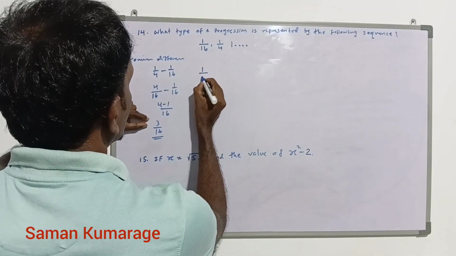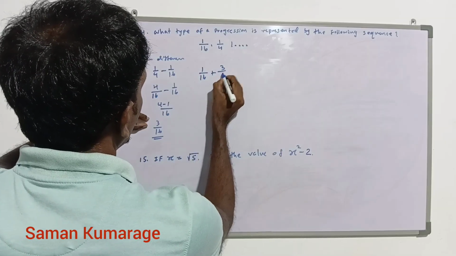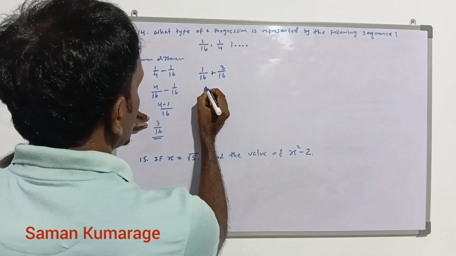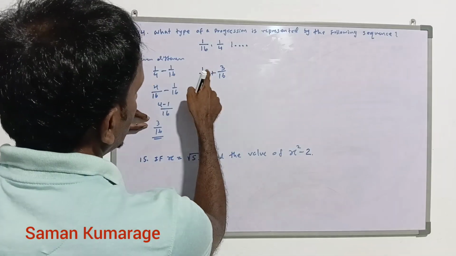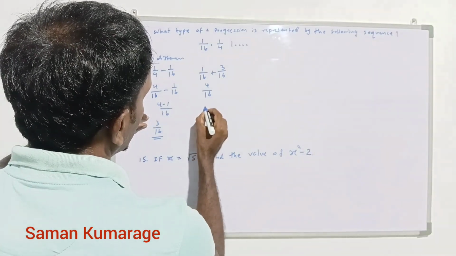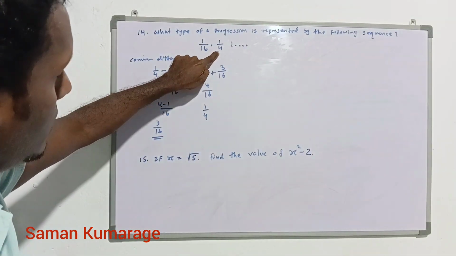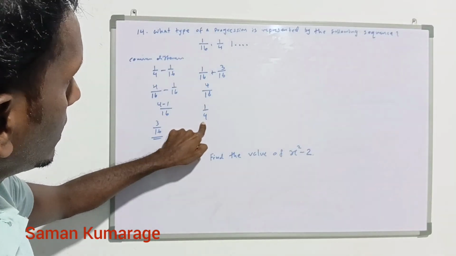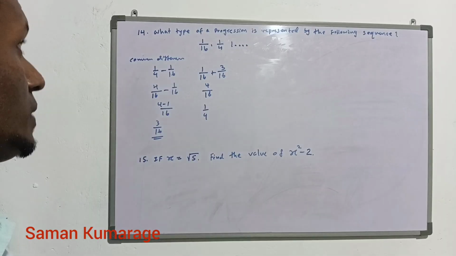Here 1 over 16 plus 3 over 16. Here 16 is common, 1 and 3 make 4. If you divide, you will get 1 over 4. That is correct. We can get the second term by adding the common difference to the first term.